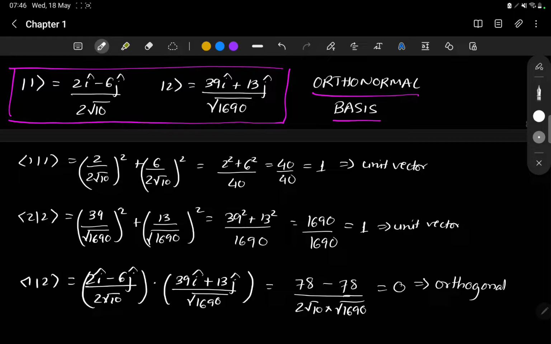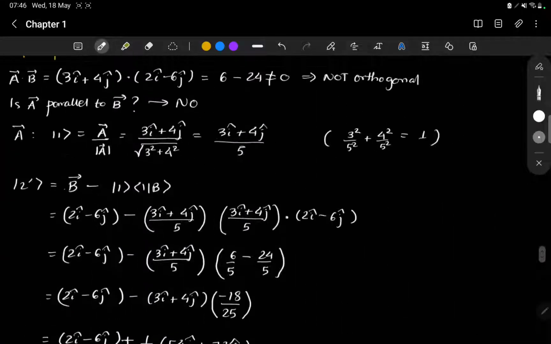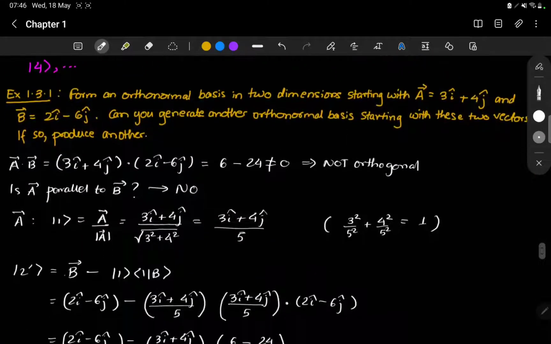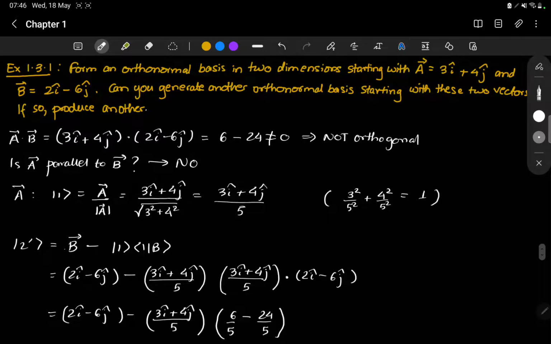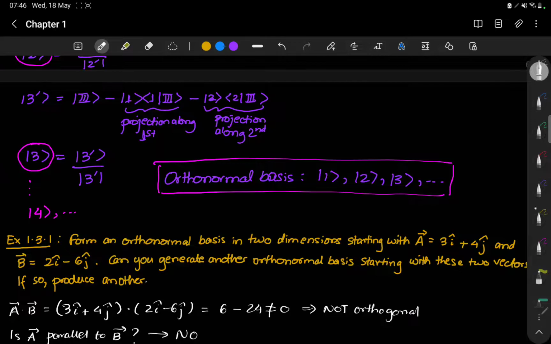Now the interesting aspect to note from this question, if we go up to the question, is that using this Gram-Schmidt process, we do not obtain a unique set of orthonormal bases. So the basis that we obtain from this Gram-Schmidt process is not unique.